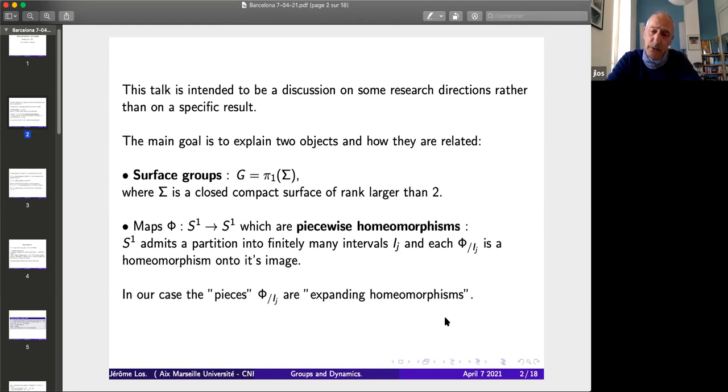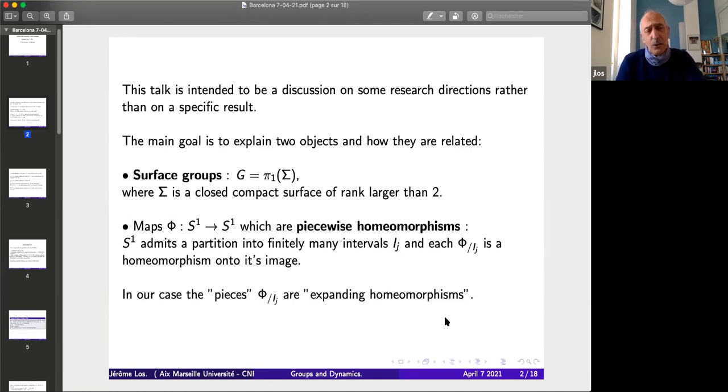The other class he was considering was affine interval exchange maps. So the restriction to each interval was an affine map. So here it's a little bit different. It will be a homeomorphism on each piece, and not any kind of homeomorphism. It will be some expanding homeomorphism. I'll try to explain a little bit.